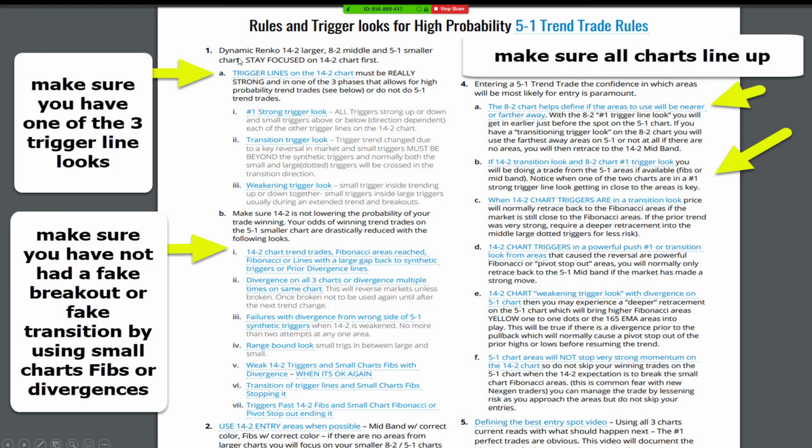Number 1, we need to have the correct trigger line look, and we have examples of each of these. Number 2, we want to make sure that we haven't hit something that's going to cause the trend to come to an end. So, again, I think this is where most people fail.